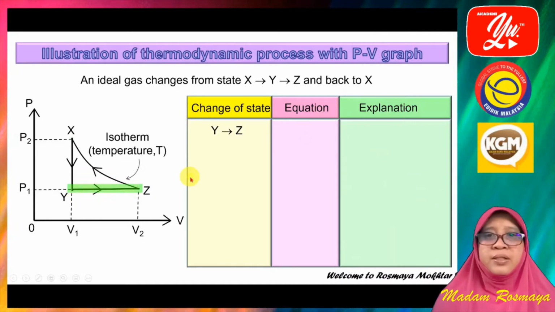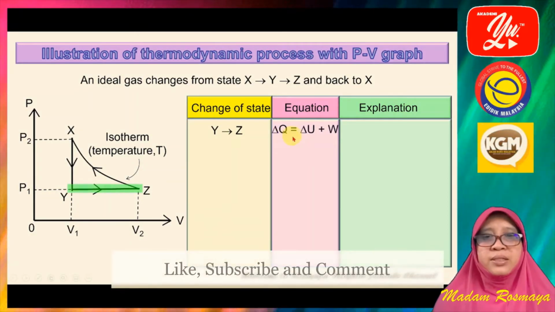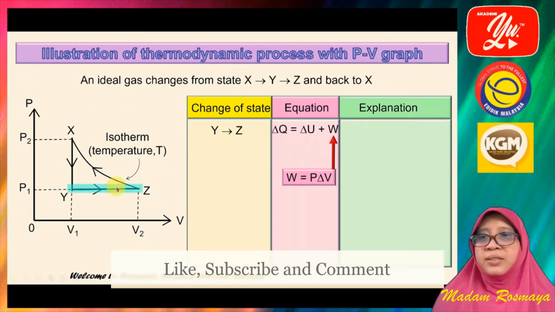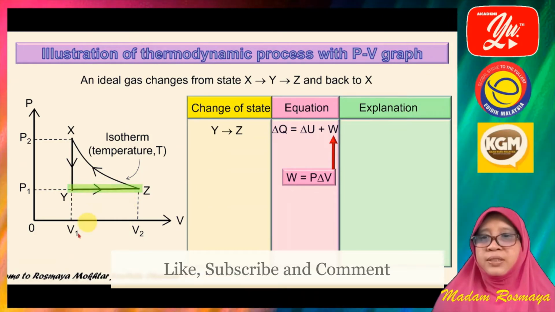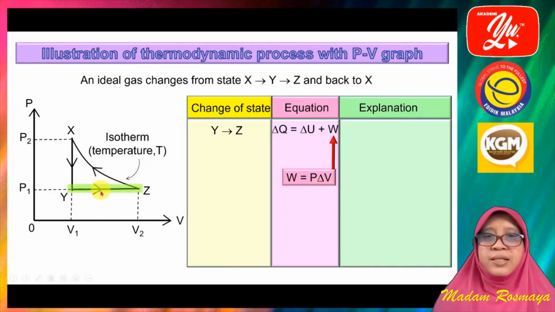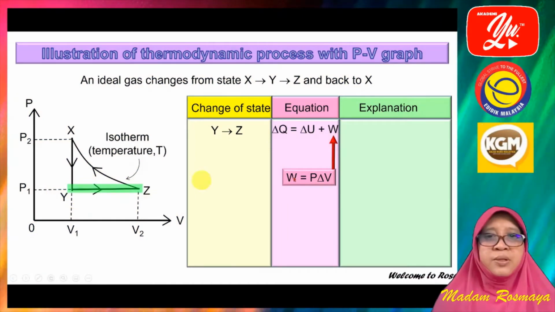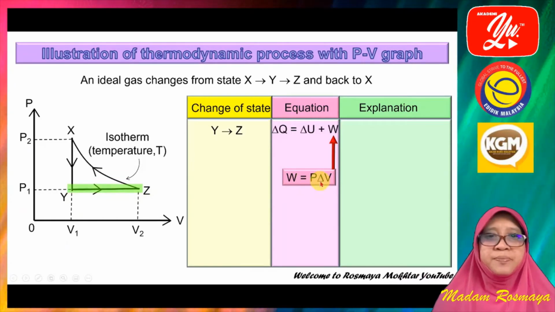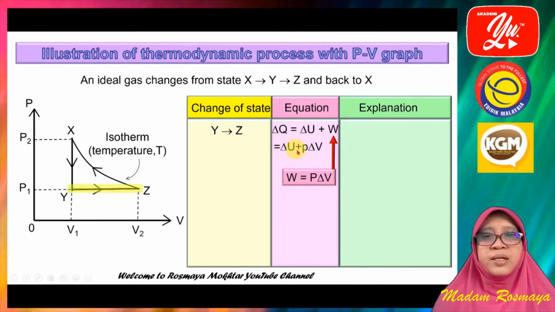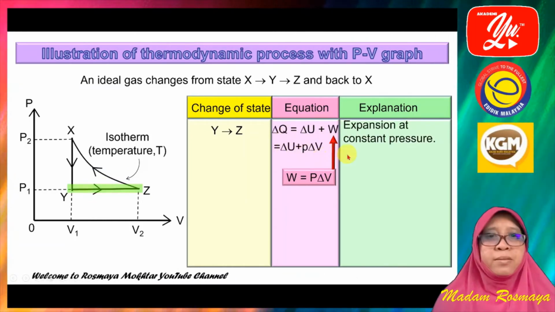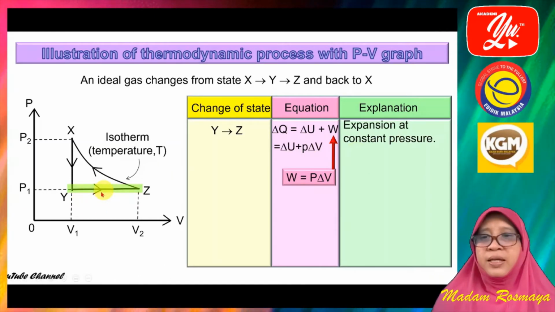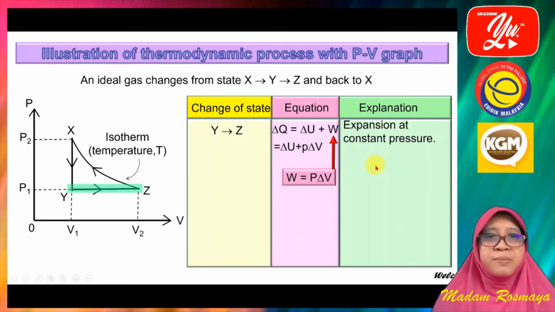We still use the first law of thermodynamics, delta Q equals delta U plus work done. The volume increases from V1 to V2 and the pressure is constant because this is a horizontal line. So we can use work W equals P delta V. We substitute into here, we get delta Q equals delta U plus P delta V. This is the expansion process and it happens at constant pressure.